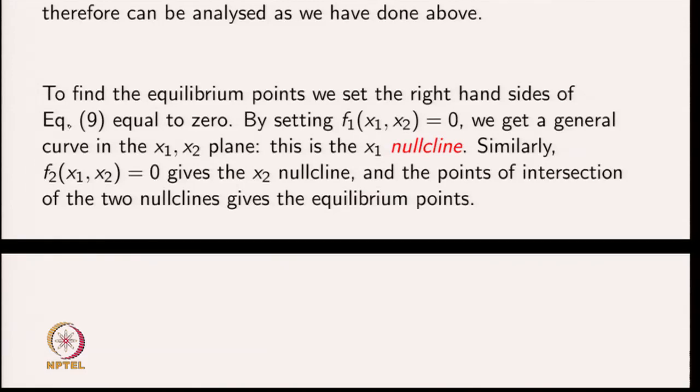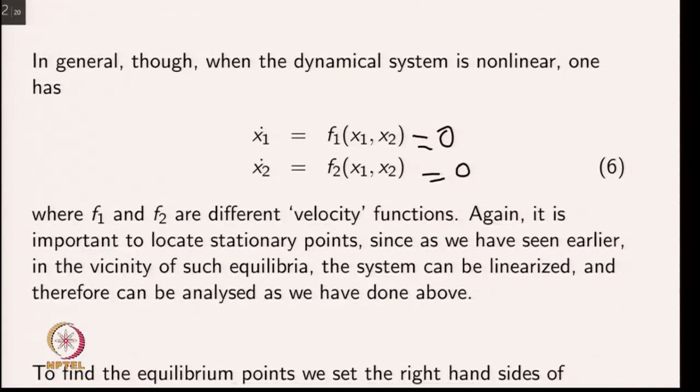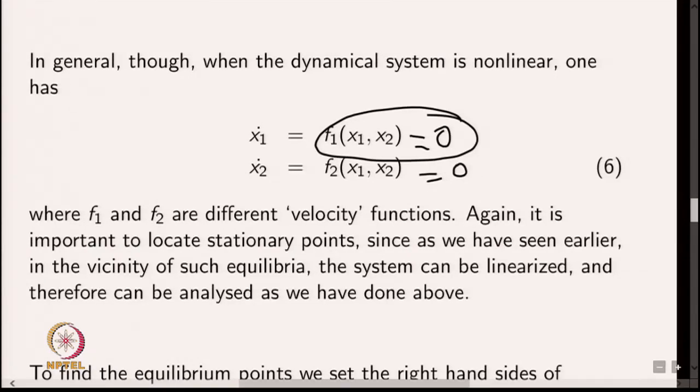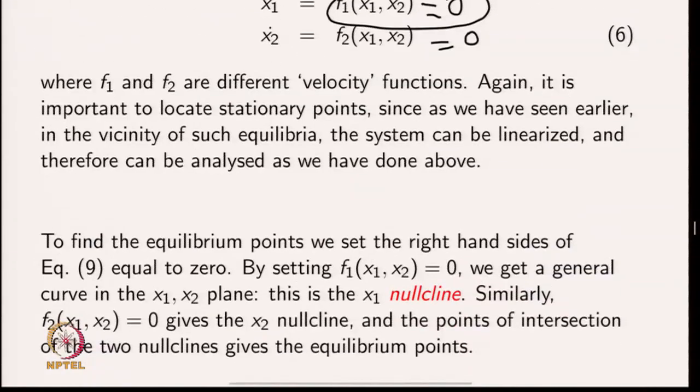When we set f1 of x1 x2 to 0, this gives us an equation where the variables x1 and x2 are functionally dependent upon each other, that may specify a curve in the plane. In this particular case, it will be a curve, and this is called a null-cline, because it has a value which is strictly 0 along this particular curve.